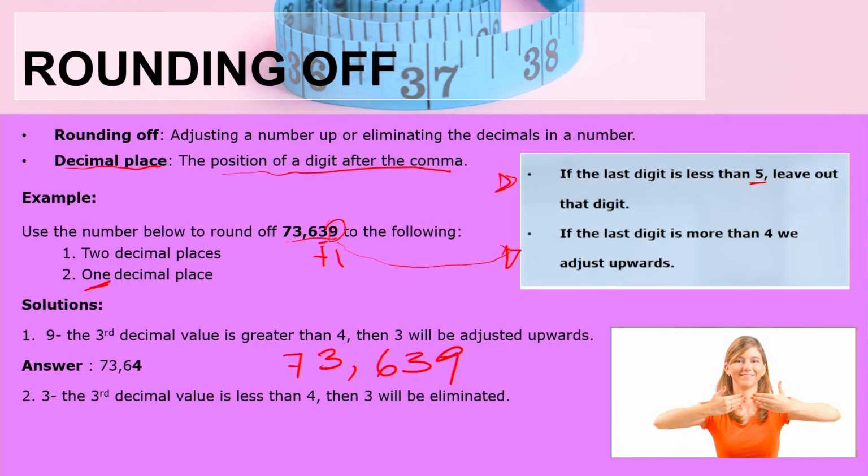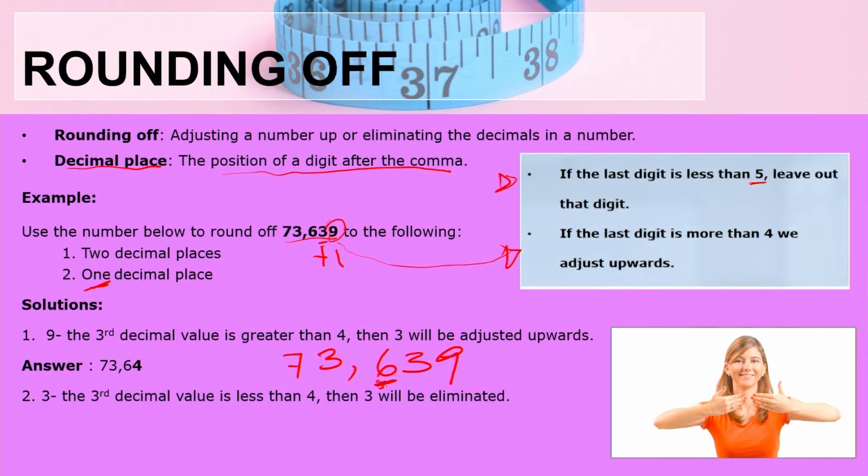So basically we are saying that we need 1 value after a comma. For us to have that 1 value after a comma, you should know which value is occupying that position. The value that is occupying the position now is 6.